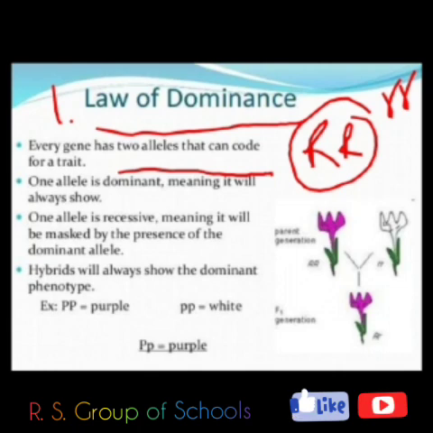One allele is recessive, meaning it will be masked by the presence of the dominant allele. A hybrid will always show the dominant phenotype.